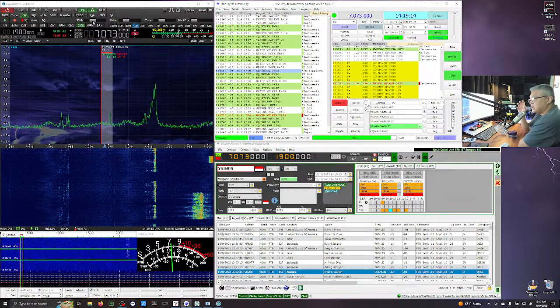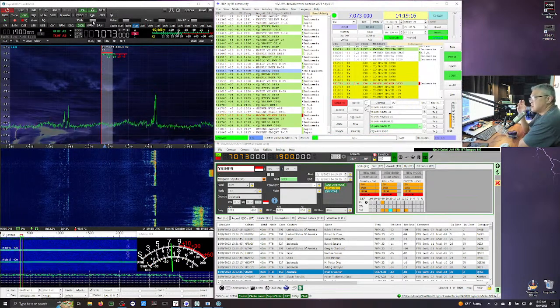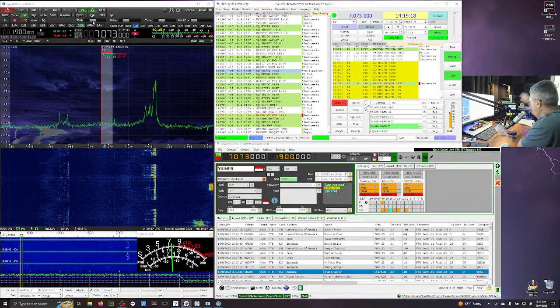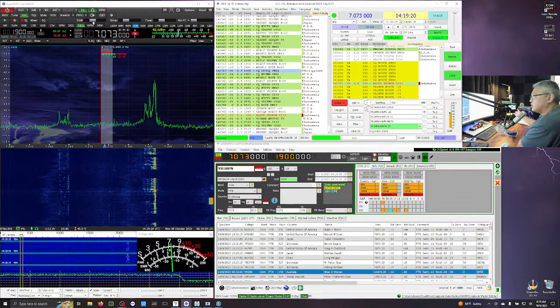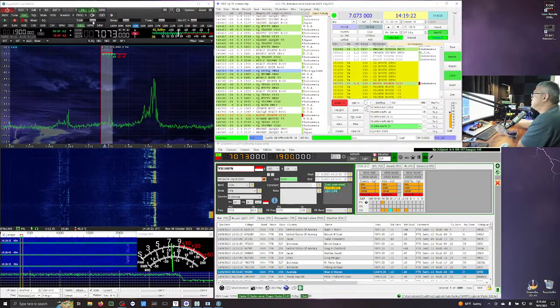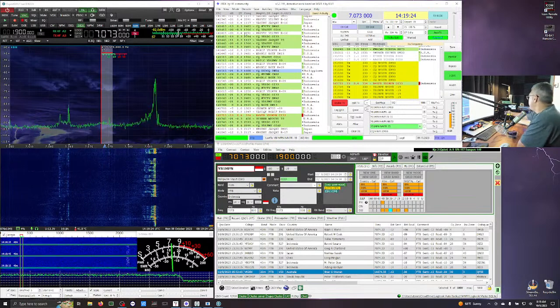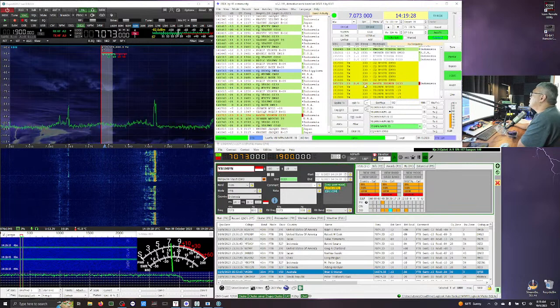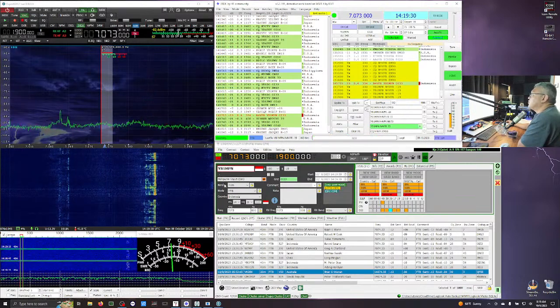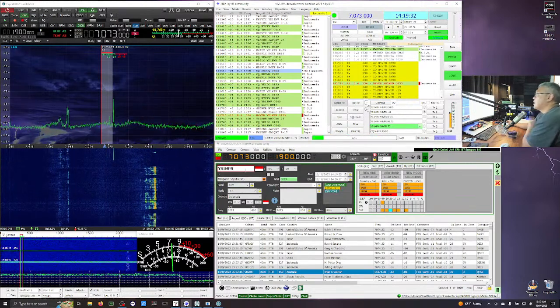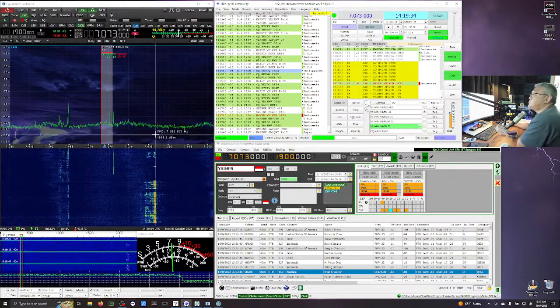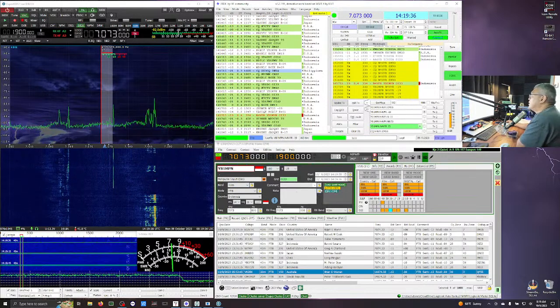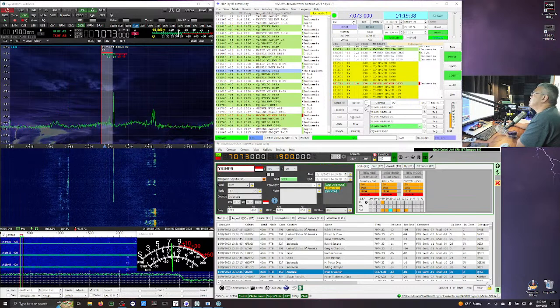I'm operating on my 40 meter sky loop, so I'm going to use my HF auto to tune to 10 meters. Sorry, old man, we didn't finish our QSO with Din in Indonesia. All right, where's 10 meters? Let's go to 10 meters.